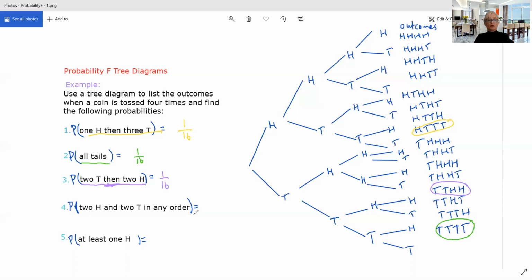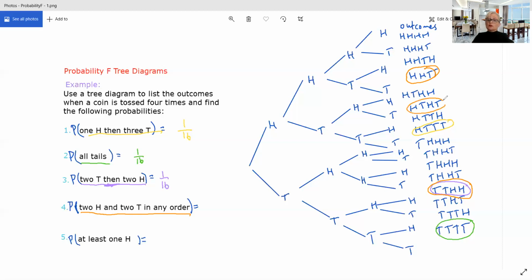Now it gets a little bit more interesting. 2 heads and 2 tails in any order. Okay, let's maybe use orange for that. Well, obviously that will count as one of those, but let's see what others we've got. 2 heads and 2 tails. What have I done? I did 2 tails and then, oh, that's right. No, that's okay. 2 heads and 2 tails in any order, so that's fine.